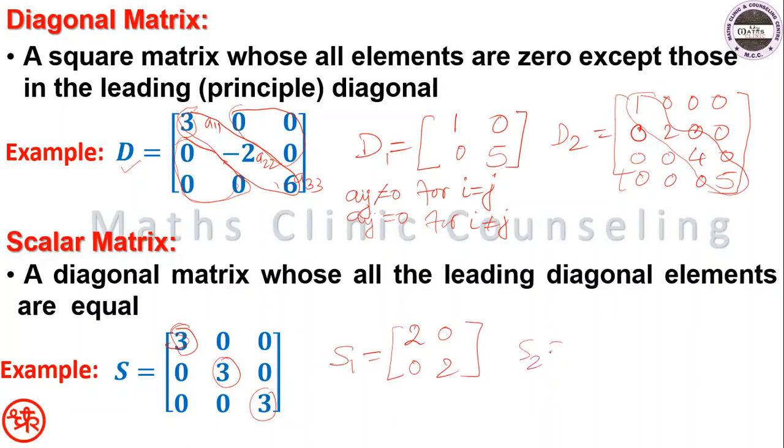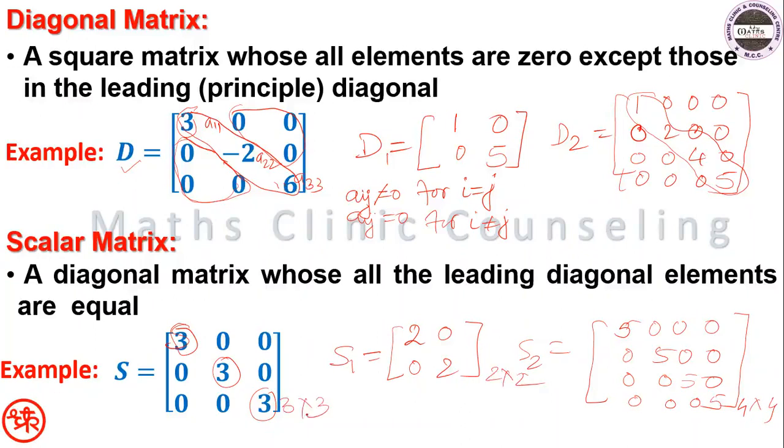We can write S2 is equal to 5 0 0 0 0 5 0 0 0 0 5 0 0 0 0 5. So this is a 4x4 matrix, this is a 2x2 matrix and this is a 3x3 matrix. So look at the diagonal, the leading diagonal elements are all equal and therefore these matrices are scalar. Is that clear?